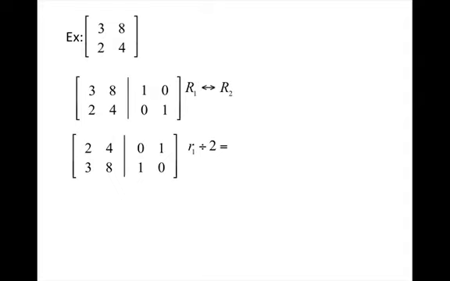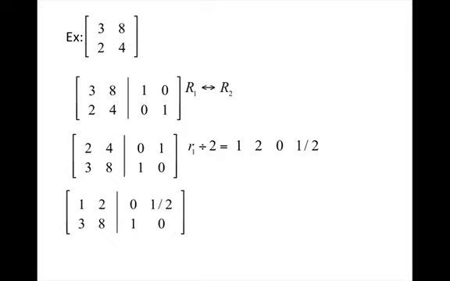And as I said before, you did not have to switch these rows. You could work this problem by dividing row 1 by 3. You would just have more fractions. If I divide row 1 by 2, I get 1, 2, 0, 1/2. This is going to become my new row 1. And row 2 is going to stay the same.